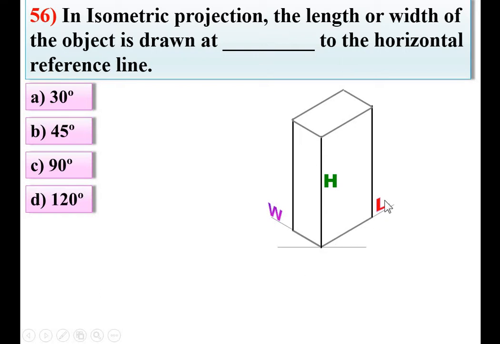One line that represent as length, and this line represent as height, and this line represent as width. And as per our description, it is given to you in isometric projection, length or width. Here it is length, that is also 30 degree with the horizontal reference line. Width is also 30 degree with the horizontal line. So I will show you, over here it is also 30 degree and over here it is also 30 degree. That means the A is the right answer.